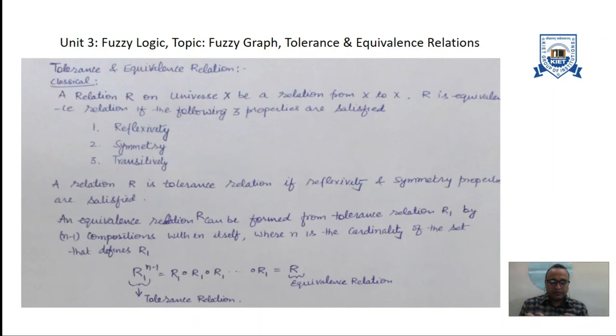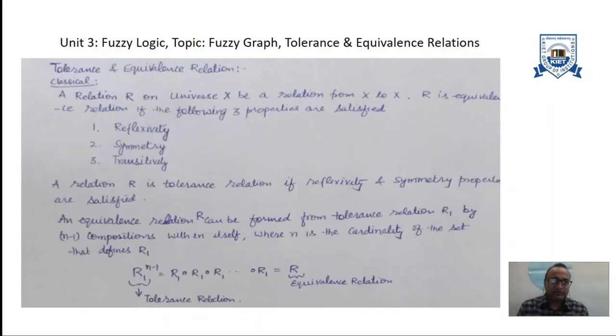But here, understand that if all three properties are found in a relation R, that relation is known as an equivalence relation. I'm telling you again, if all three properties are satisfied by a relation, that relation is known as the equivalence relation.